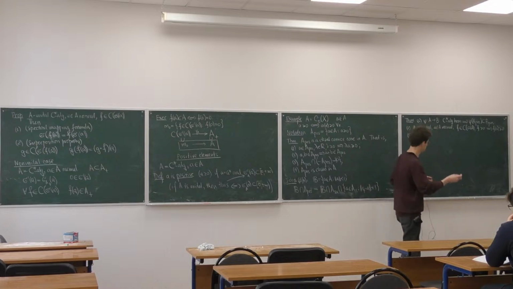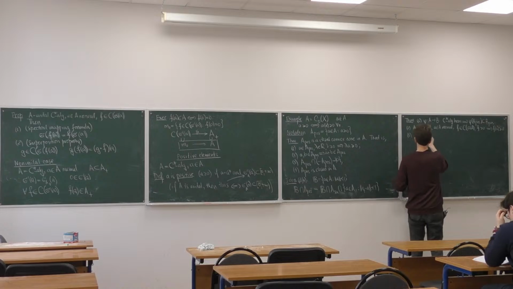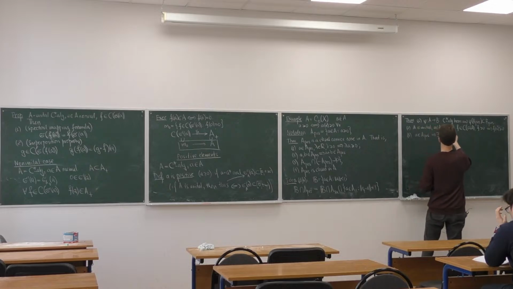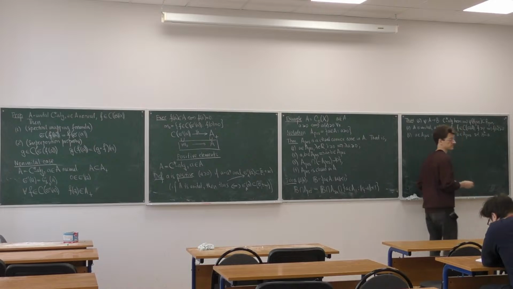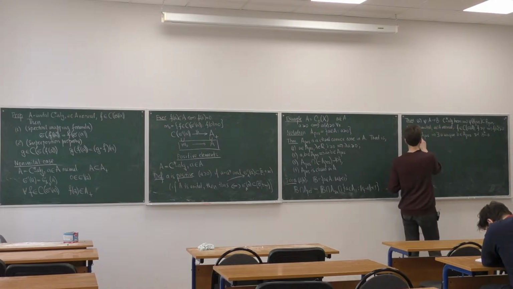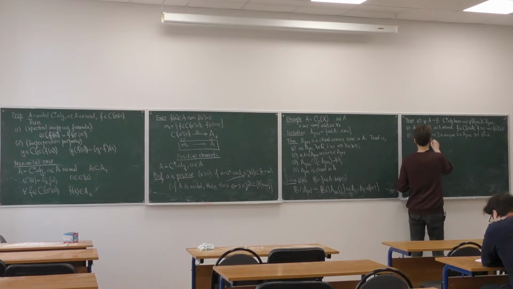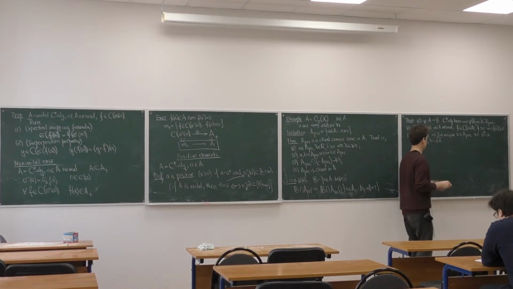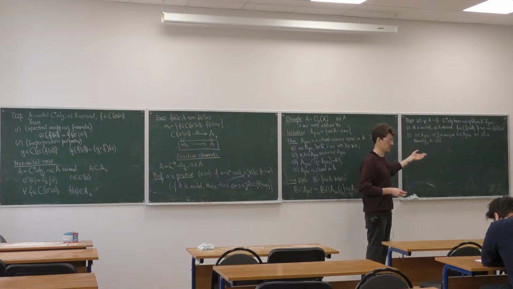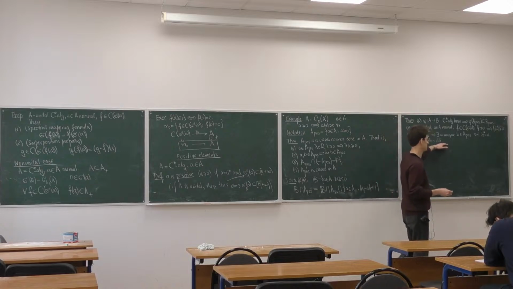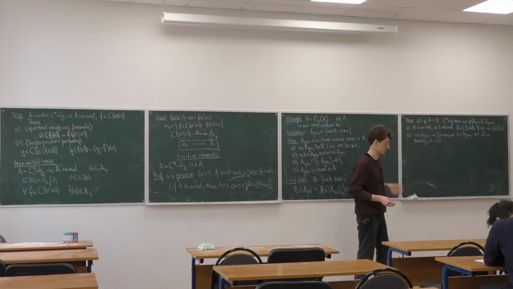is about square roots. If A is a positive element of the algebra, then there exists a unique positive element, little b, such that b squared equals A. Namely, b is nothing but the square root of A. So here we just apply the functional calculus, take the function square root and apply it to A. This makes sense because A is positive and the square root is defined on the positive half line.